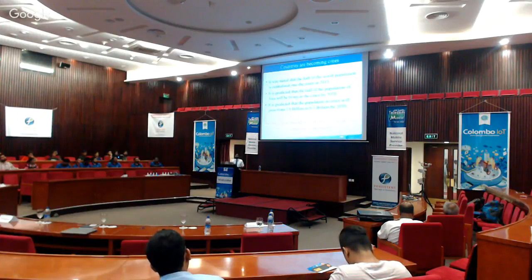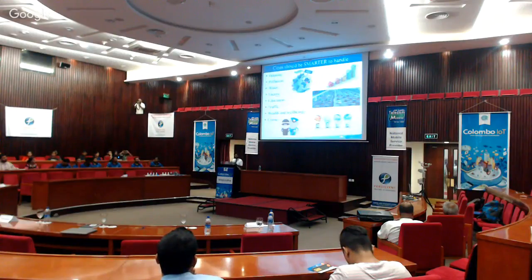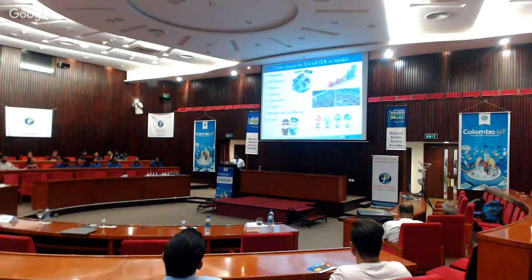The community should be smart enough to provide solutions for housing, pollution, water, energy, education, traffic, wealth and well-being, and crime. The towns, houses and the entire community have to be smart enough to handle these services in an automated manner.